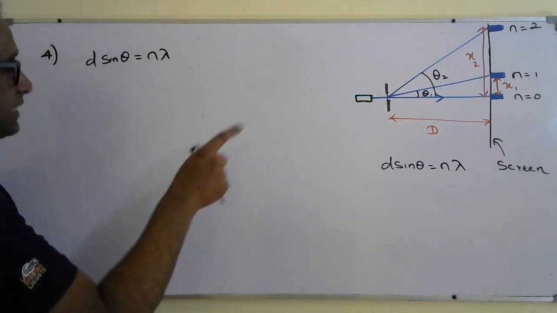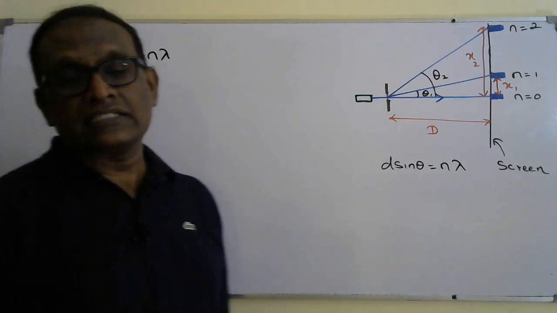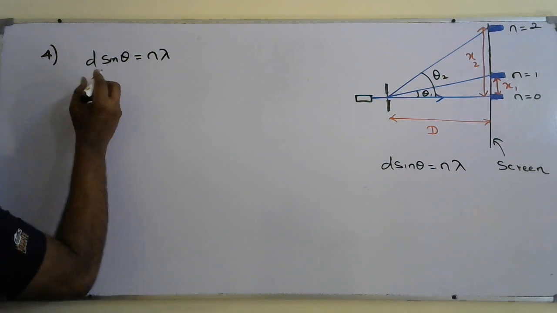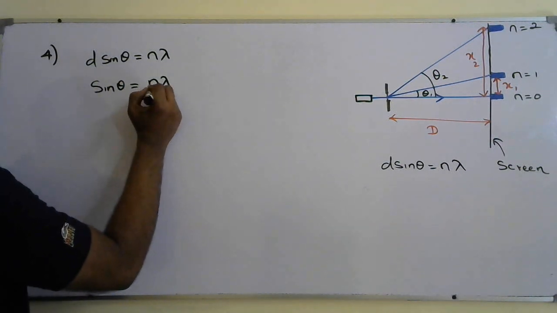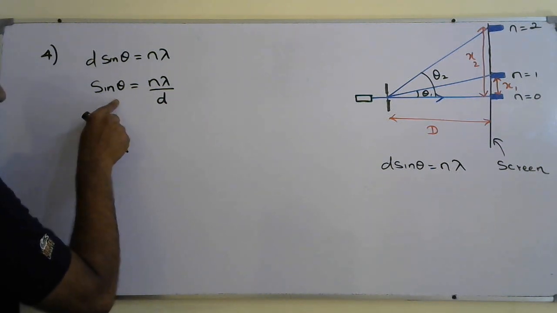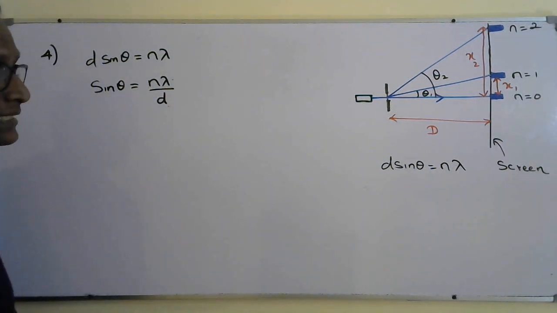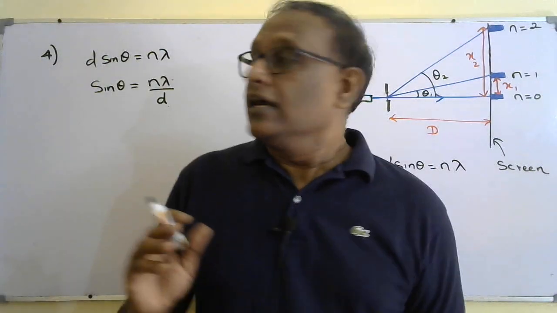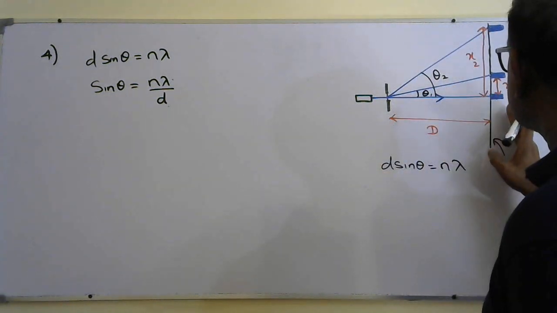For a given diffraction grating, d is constant. For a given order of the band, say for example first order, n equals 1, the theta is fixed. We know that sin theta equals n lambda over d. So sin theta is constant when lambda and d are constant. So first order angle theta is fixed whether you are changing the distance between the diffraction grating and the screen.